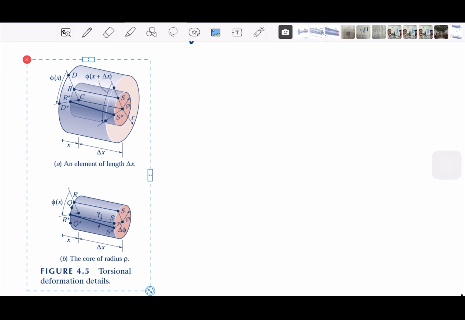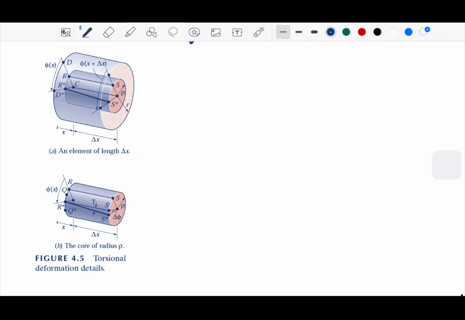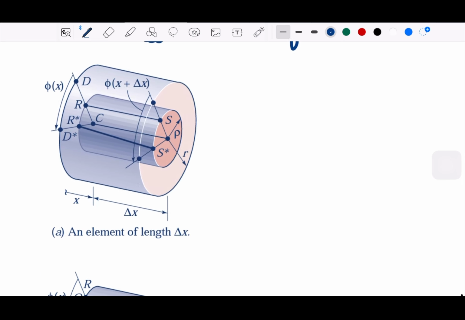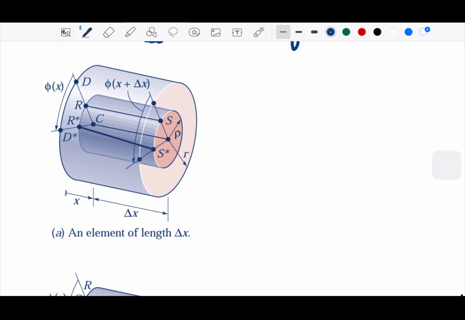So let's say this is an element for the delta x. It's a little bit complicated, but the focus for our observations is the new points, R and S.